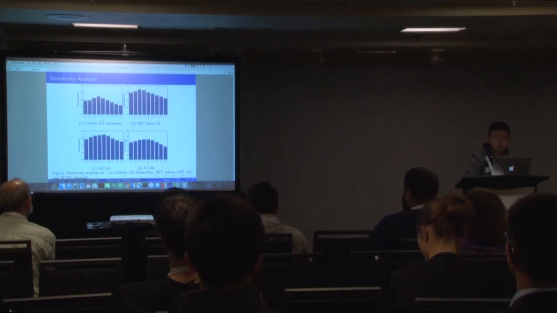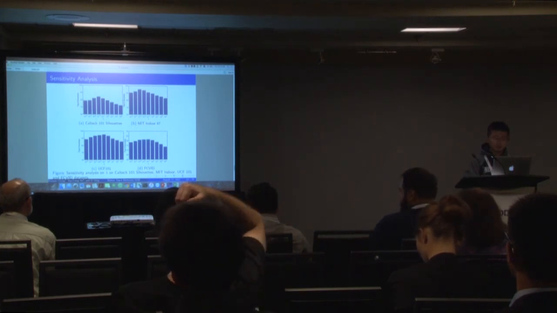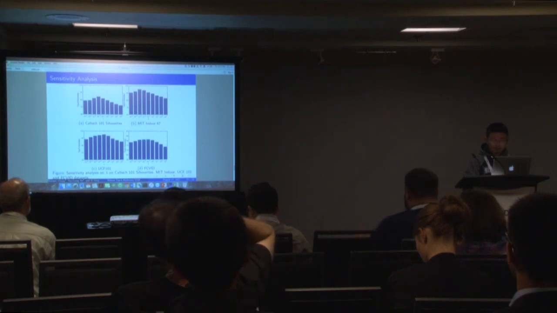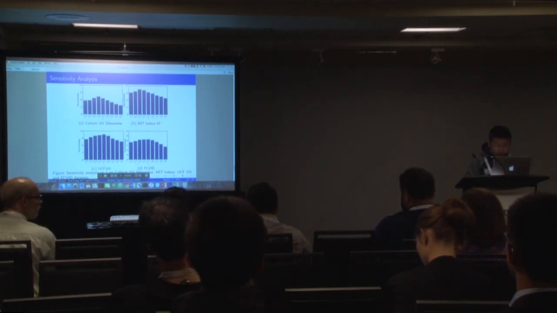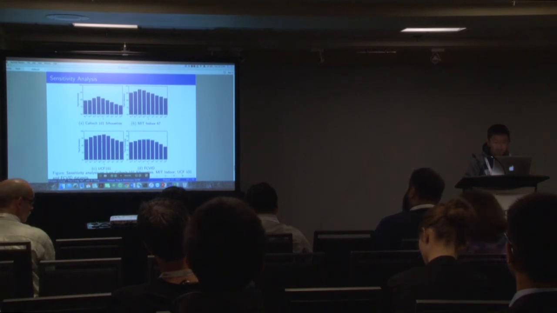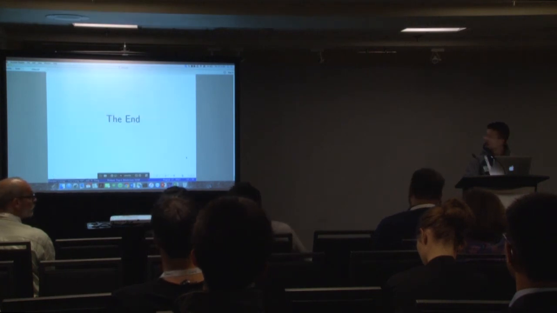This is the sensitivity analysis with respect to lambda, and we can see that the best performance is obtained in similar scenarios, that is, always in the range of -2 to -1. So that's all.